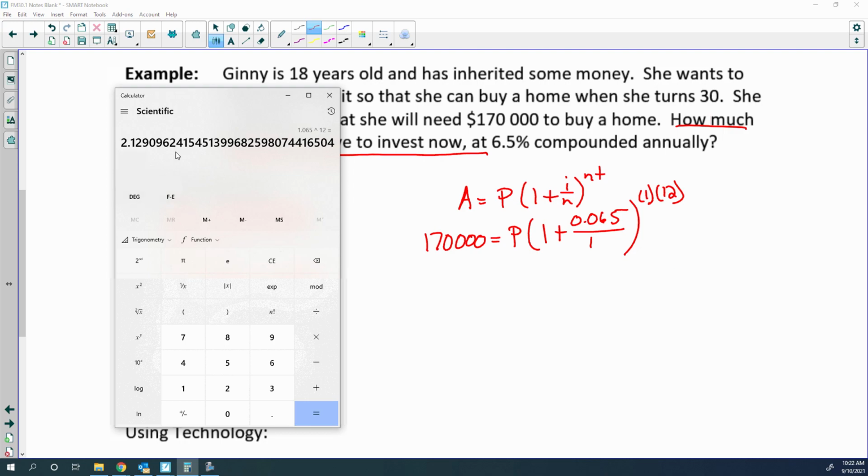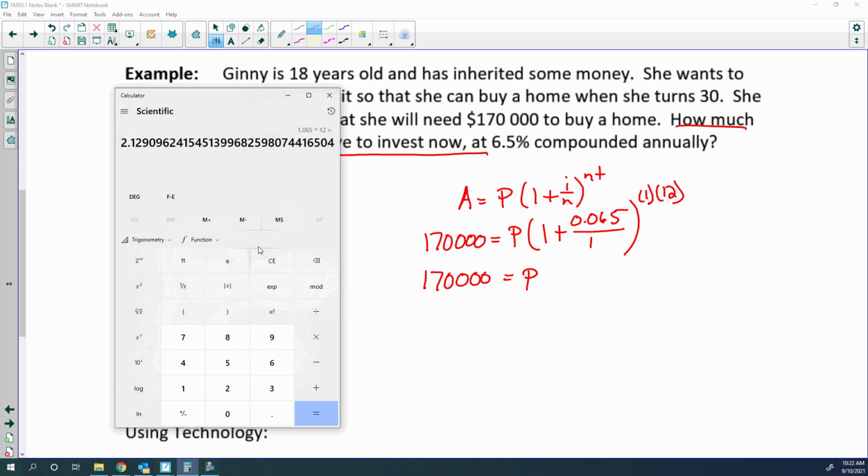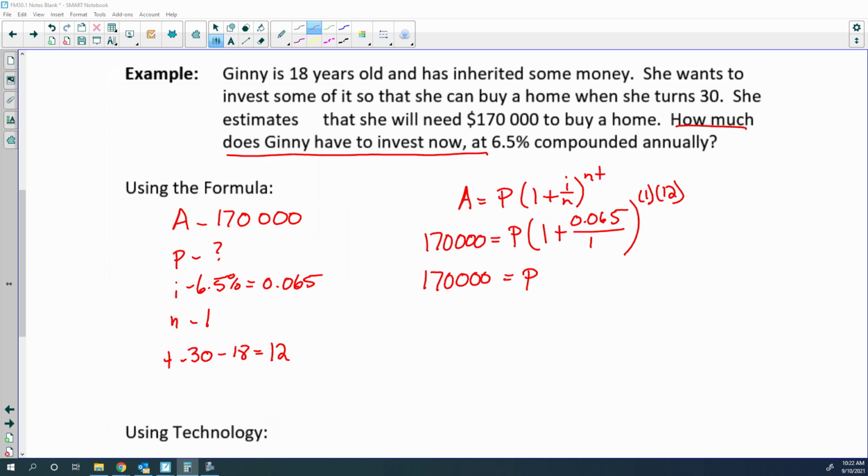I get this giant string of numbers, so I'm going to write that down. I'm going to use 6 decimal places, and that should give me enough accuracy to get the answer I'm looking for.